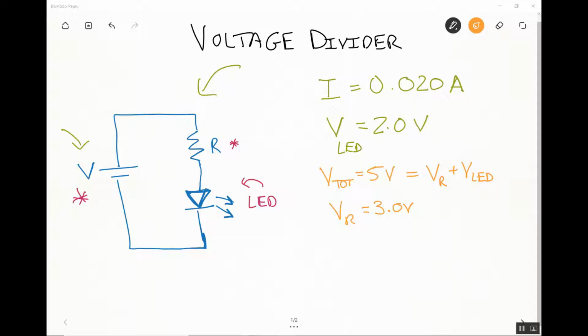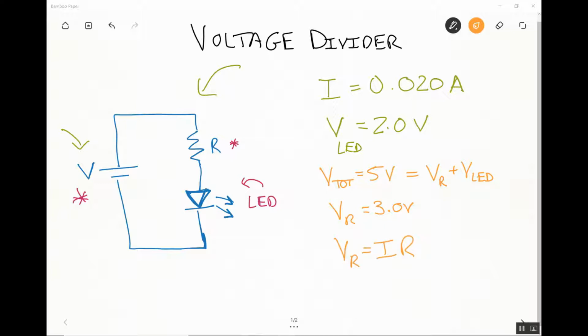Okay, so the other parameter that we need to keep in mind here is the current flowing through the circuit needs to be limited to 20 milliamps. And so if we know the voltage being utilized by the resistor, 3 volts, and we know how much current needs to flow through the resistor, through the entire circuit, and that value is 20 milliamps, we can use Ohm's law to calculate how much resistance is needed to make that so.